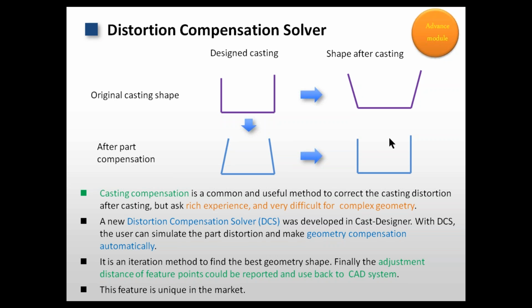So that's the concept of compensation. We apply the deformation in a reverse direction on the die shape. This is what we have done in the DCS solver.